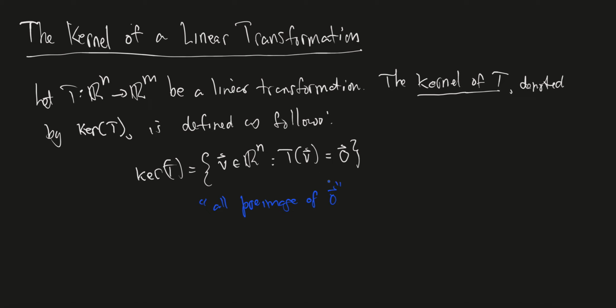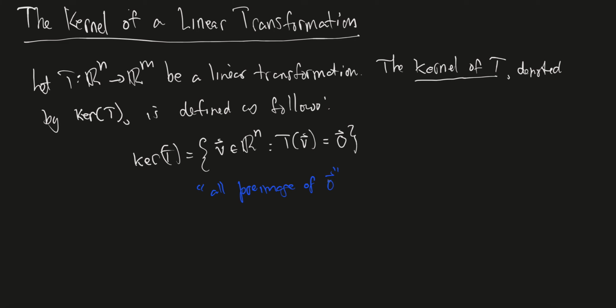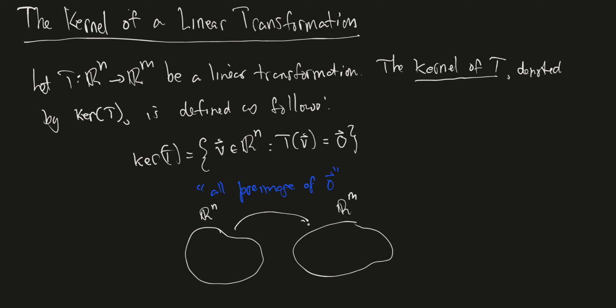And we can visualize it, not a very illustrative visualization, but it works. So let's say we have our two spaces here. We have our Rn and we have our Rm, and T is this transformation, this mapping that takes elements here and converts them to elements here.